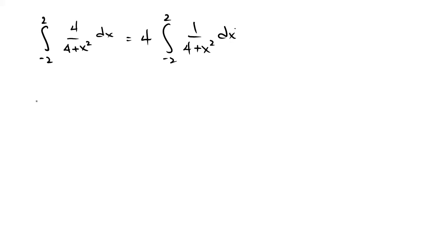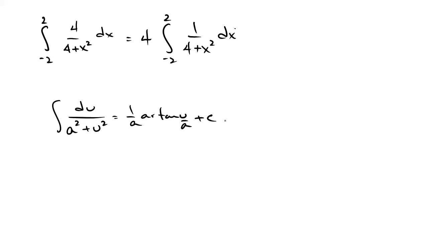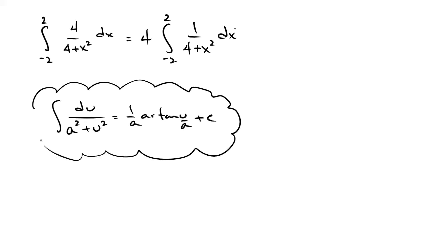The rule for arctangent is that the integral of du over a squared plus u squared is going to equal 1 over a times the arctangent of u over a plus c. And that's the rule that we're using in this particular problem.